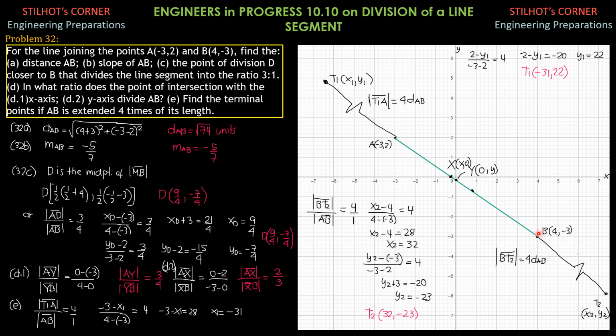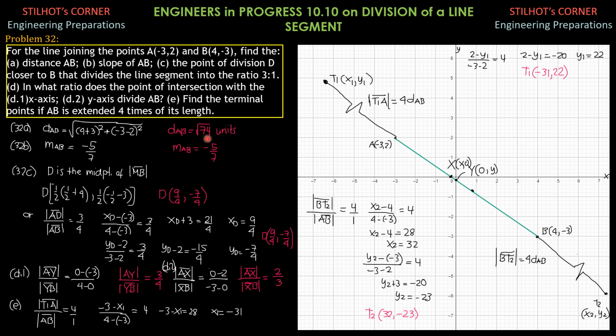Distance is the square root of the quantity 4 minus -3, squared, plus the quantity -3 minus 2, squared. So 4 minus -3 is 4 plus 3, squared, plus -3 minus 2, squared. So this is 7 squared, 49, plus 25, which is equal to the square root of 74 units. So distance AB is the square root of 74 units.